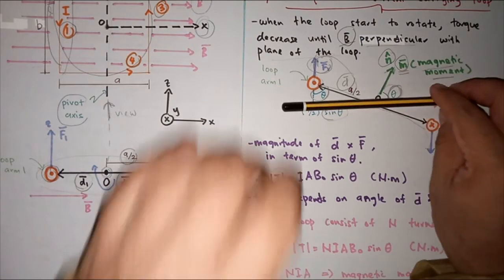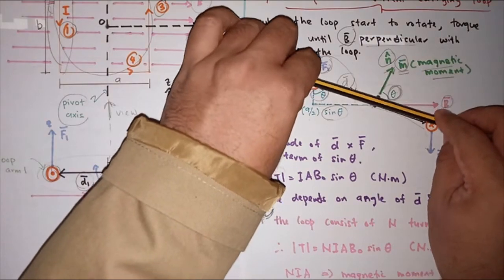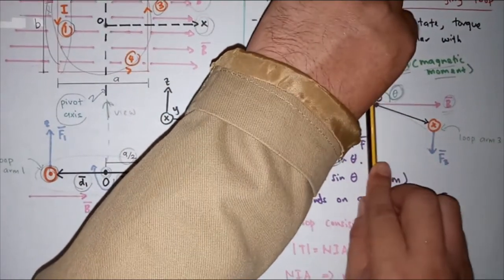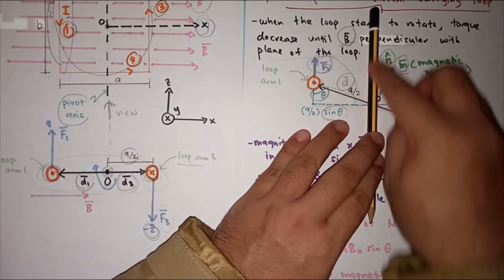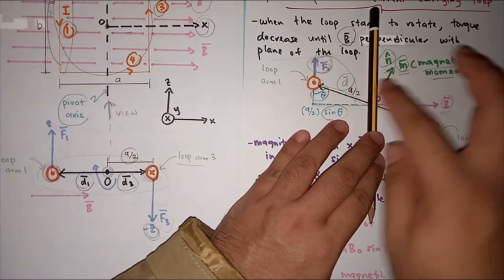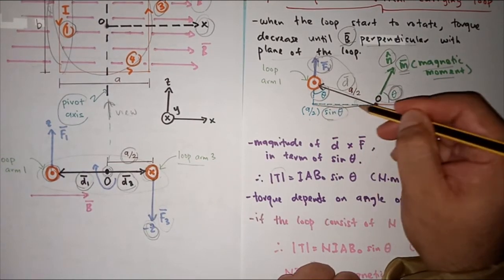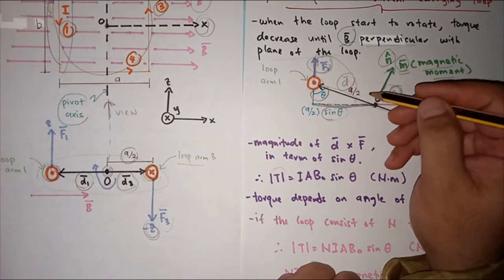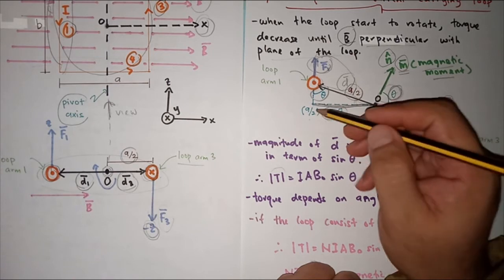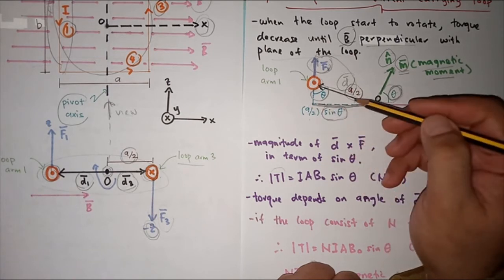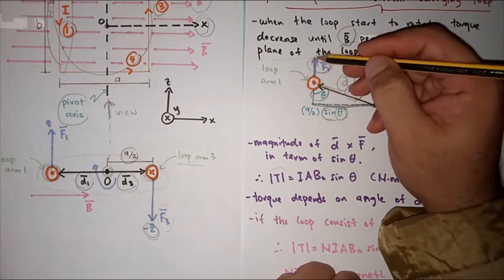This is our original position for the loop. When we rotate the loop to a certain position, we see that our B is perpendicular with our loop. In this case, the value of the torque produced becomes 0. We will also see the magnitude of the moment arm change, from A per 2 to A per 2 with the factor of sine theta, where theta represents the angle between the moment arm and the force produced.